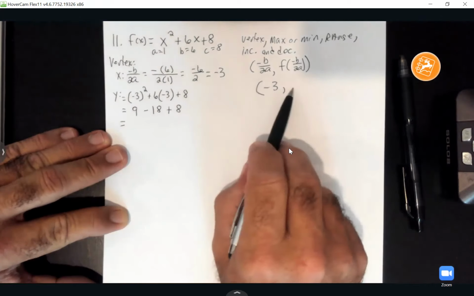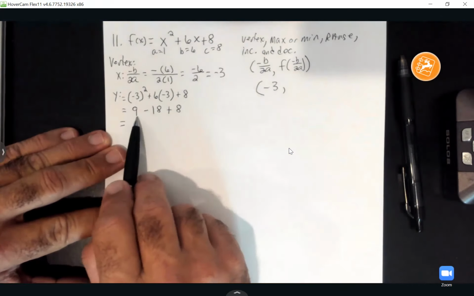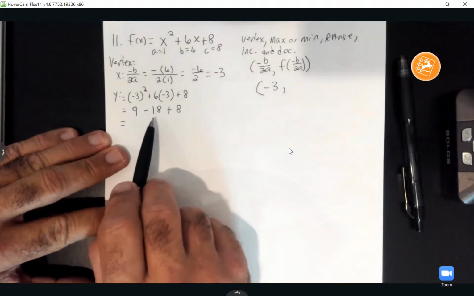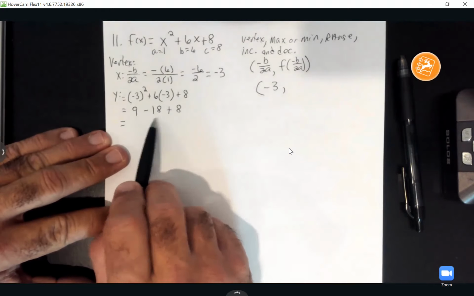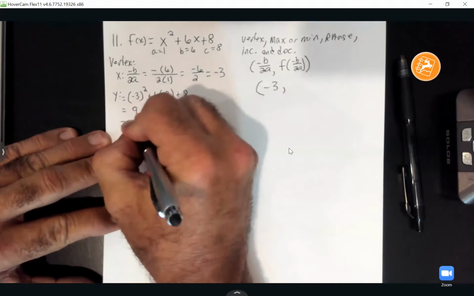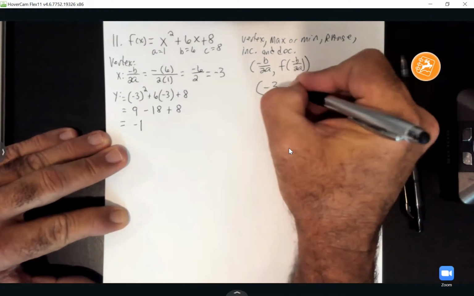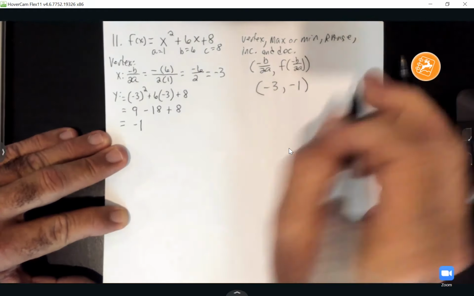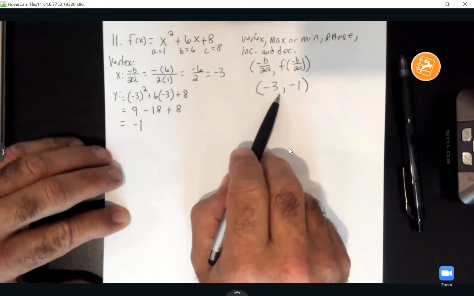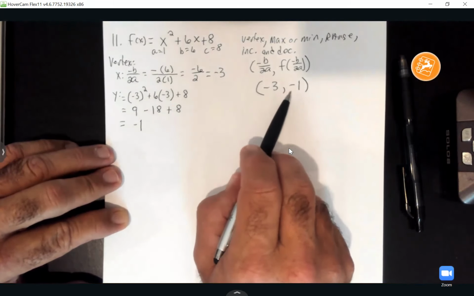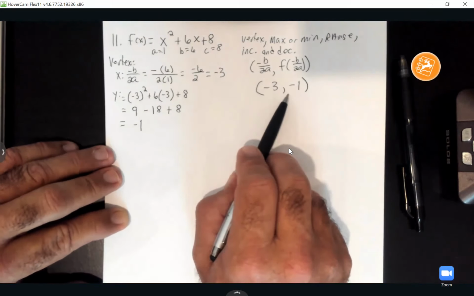Once we add these, we'll have our y value. 9 minus 18 is negative 9. Negative 9 plus 8 is a negative 1.